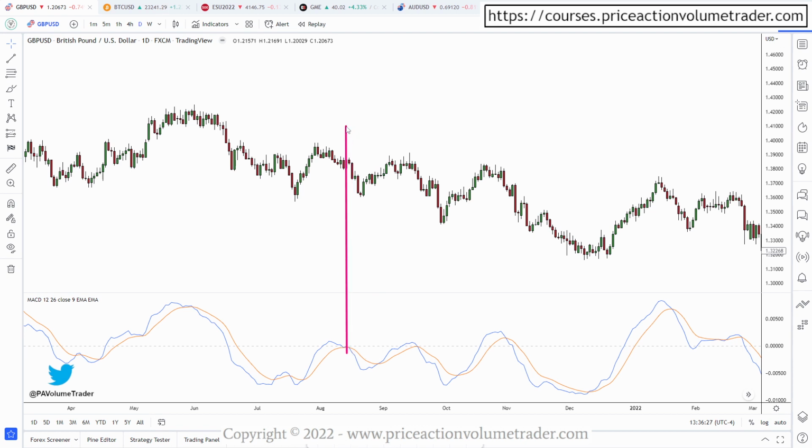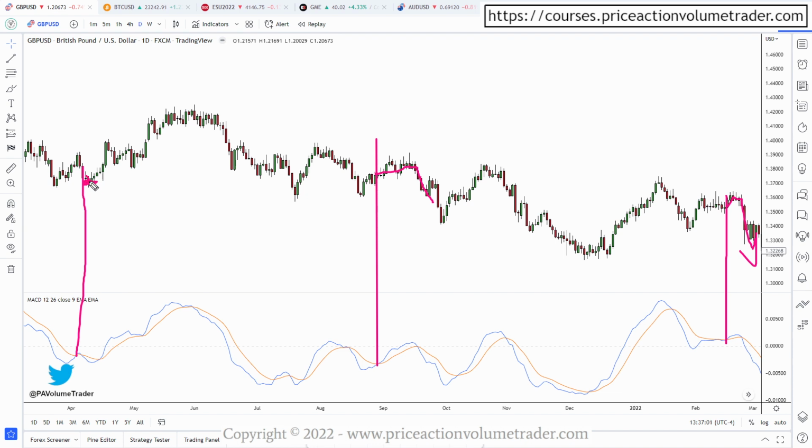Here, this gave you a sign to buy, and you can see the market went up just a little bit, and then immediately it just went down, etc. Here you got a signal to go long, and then the market just immediately went down here, etc. Here you got another signal to go long, and then this came down over here, etc.